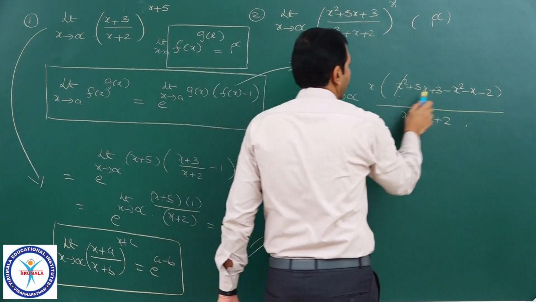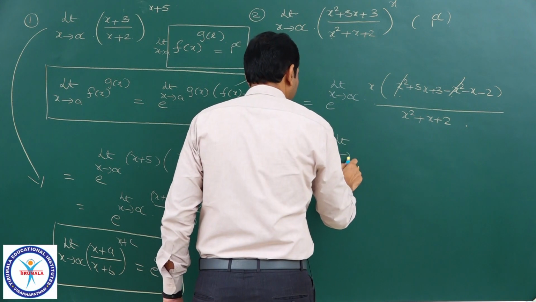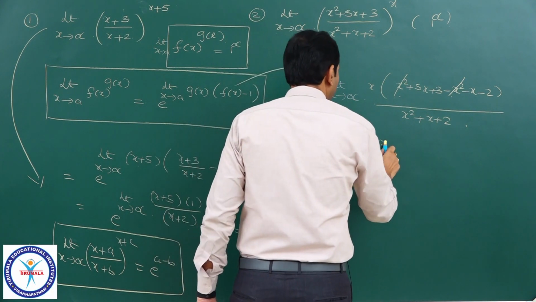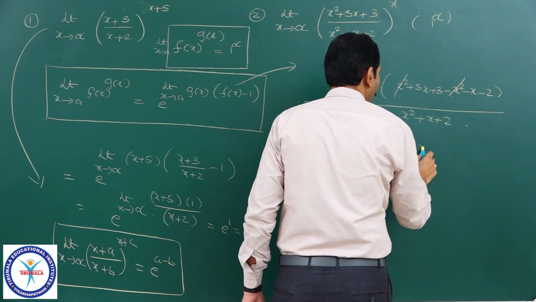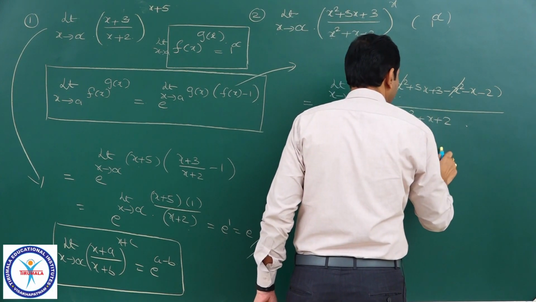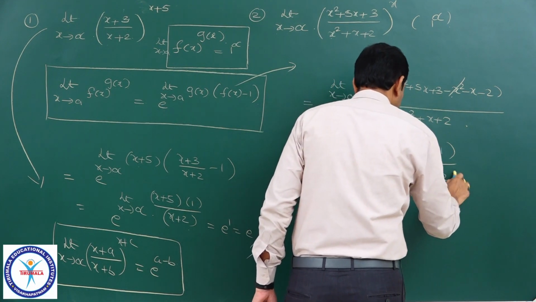Now x square and x square cancel, it is e power limit x tends to infinity, x into (5x minus x means it is 4x, 3 minus 2 means plus 1) by denominator x square plus x plus 2.